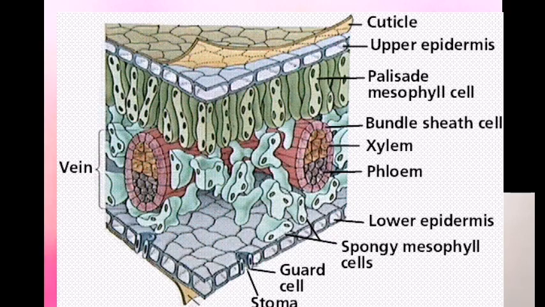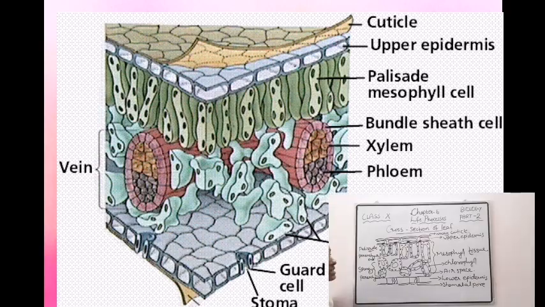In the spongy parenchyma and also in the palisade parenchyma, you can see numerous dotted structures. These are an important cell organelle called chloroplast. Inside the chloroplast, a green pigment is present, called chlorophyll. This chlorophyll is present in the mesophyll cells, that is, in the palisade parenchyma and also in the spongy parenchyma. That is the structure of the cross section of a leaf.